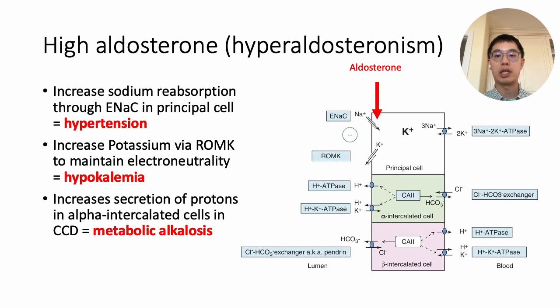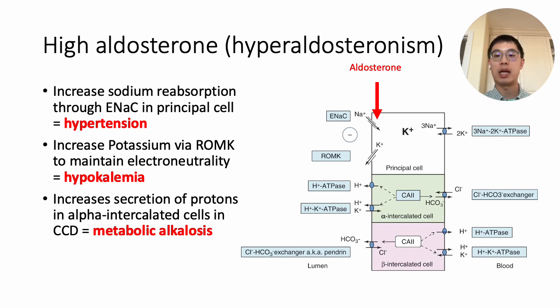The increase in ENaC channels results in reuptake of sodium in the kidney, and the increase in sodium reabsorption leads to sodium and water retention, which can lead to hypertension. Because the sodium reabsorption mandates a potassium excretion through the ROMK channel, this precipitates low potassium levels or hypokalemia in the body.